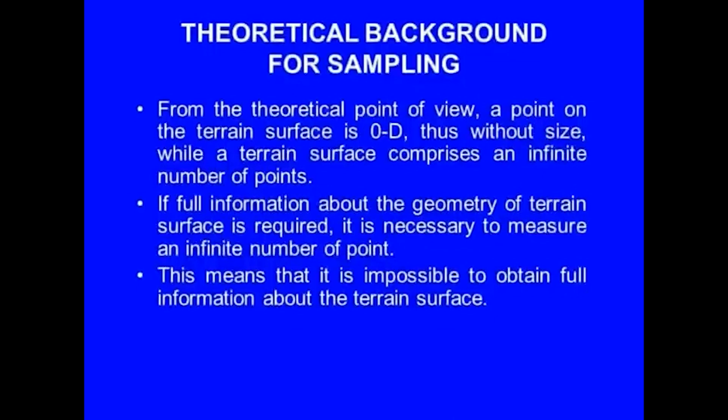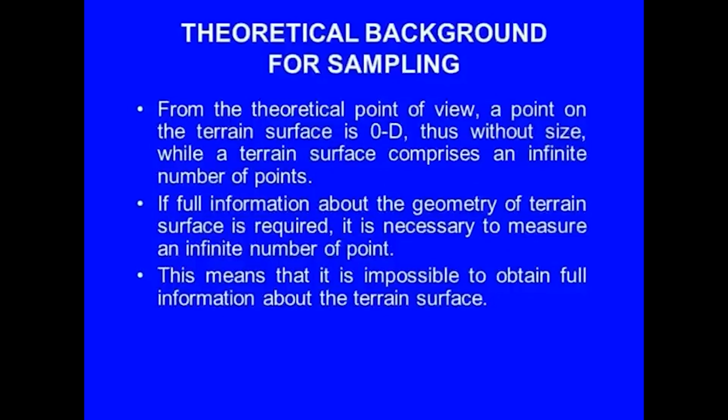From the theoretical point of view, a point on the terrain is zero dimensional, that is without size, while a terrain surface comprises an infinite number of points. If full information about the geometry of the terrain surface is to be acquired, it is necessary to measure an infinite number of points.